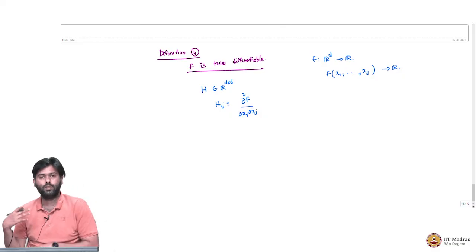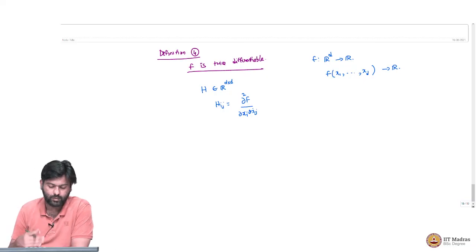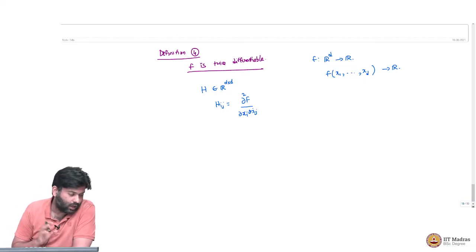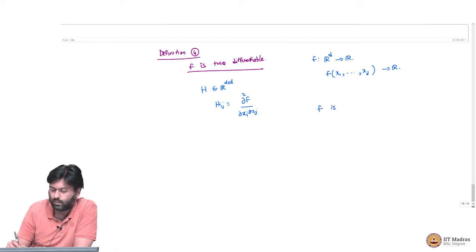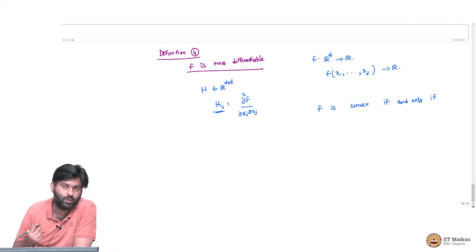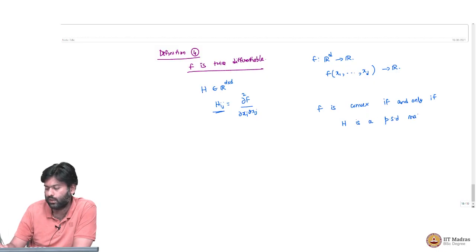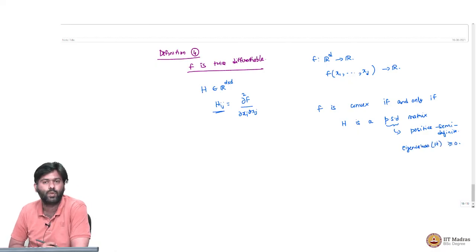So this is going to be a matrix of double derivatives with respect to the corresponding ij entry, and one can argue that f is convex if and only if something happens about this matrix H. In particular, the property of H is what is called a PSD matrix, which stands for positive semi-definite, which simply means that all eigenvalues of H are greater than or equal to 0.